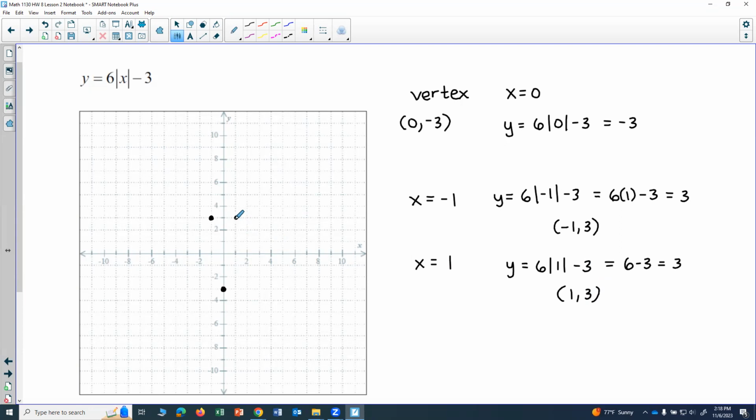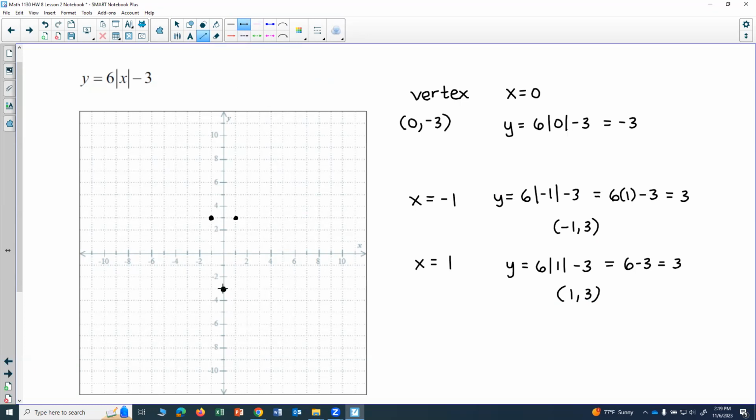Notice in both of the cases, I have symmetry across the vertex, across the vertical line that passes through the vertex. So when I graph, as long as I've gone out the same number of spaces to the left as I do to the right, I'll end up with the same y value for these two.